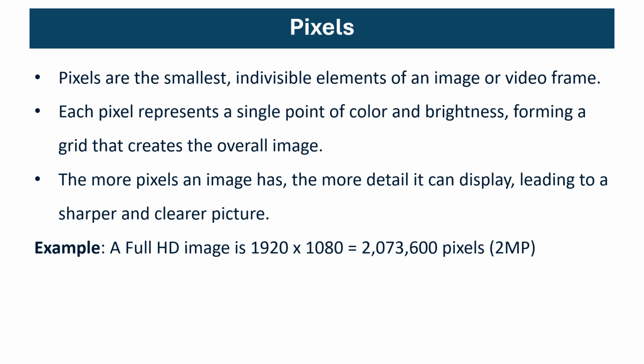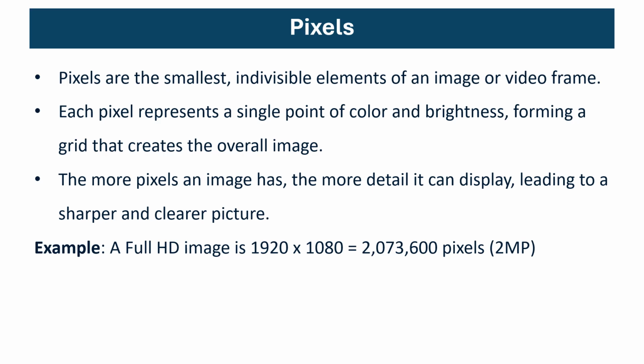So for example, we have a Full HD image, which is 1920 by 1080. These are the number of pixels in width. 1920 is the width, and the height of the image has 1080 pixels. Now, when you multiply this, you get about 2 million pixels, which is also 2 megapixels.